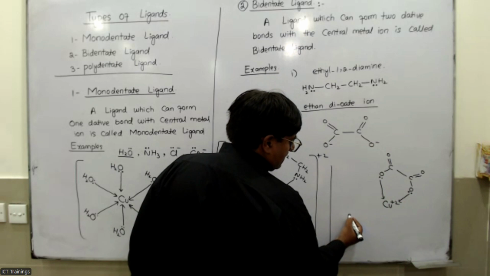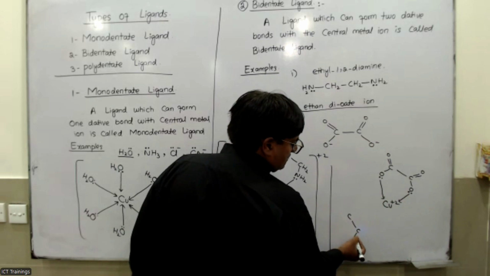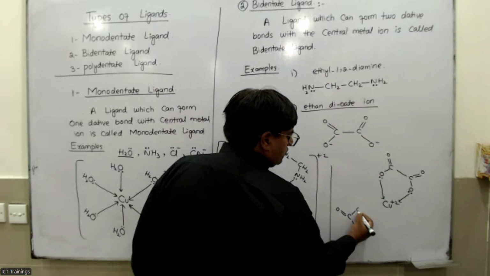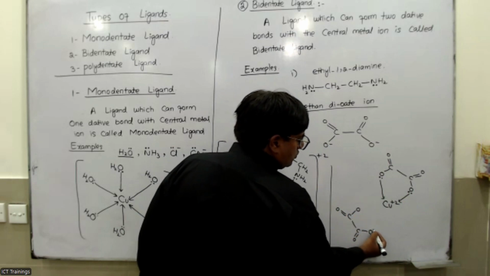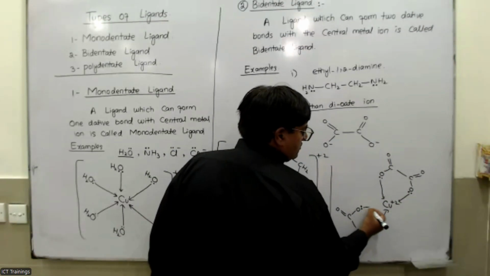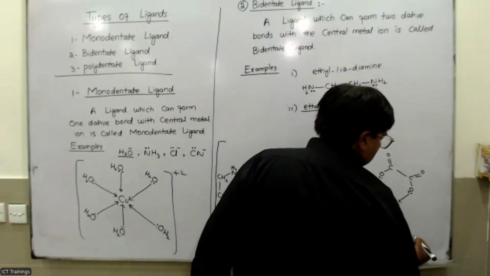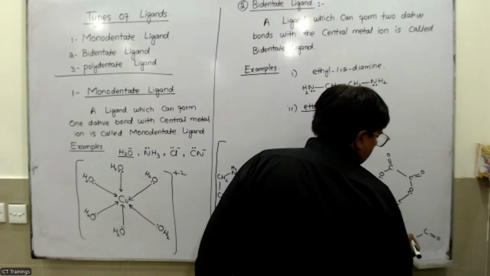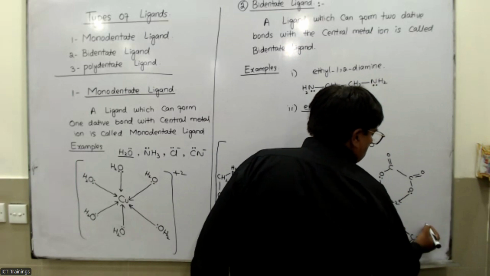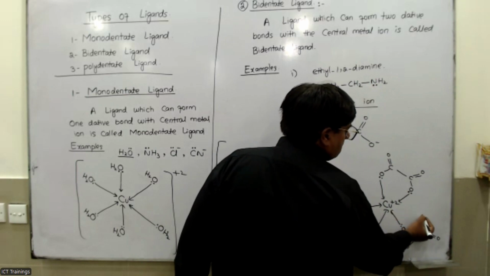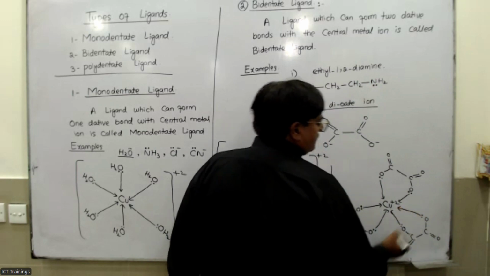Now up here, C and C, double bond O, double bond O, O, O. This one can form dative bond. This one can form dative bond. Just like that, C and C, double bond O, double bond O, so O and O. This one can form dative bond. This one can form dative bond.